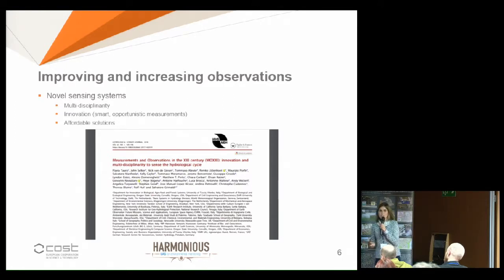So we're basically trying to involve all the hydrologists that build their own sensors using cheap material and also use smart or opportunistic data in order to come up with hydrological observations. And please take a look at our paper that just recently came out in HSJ.